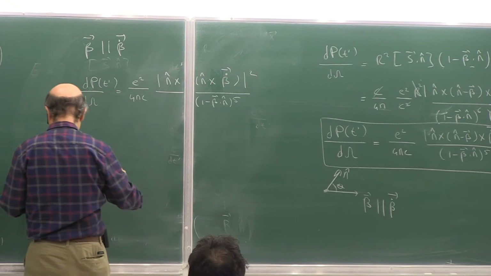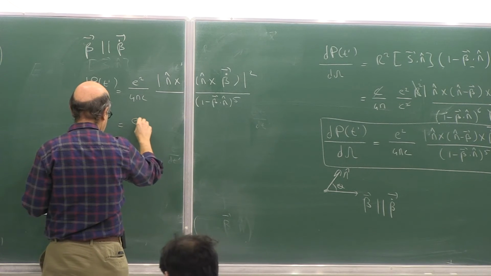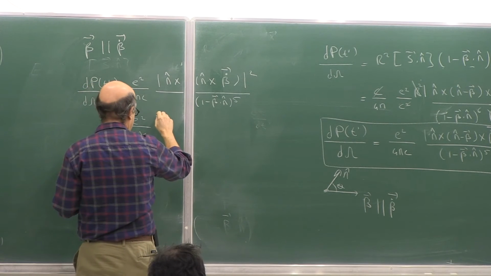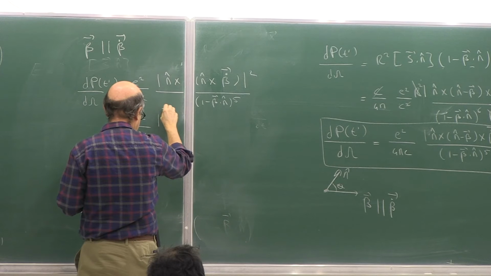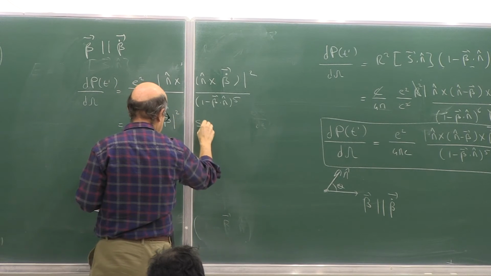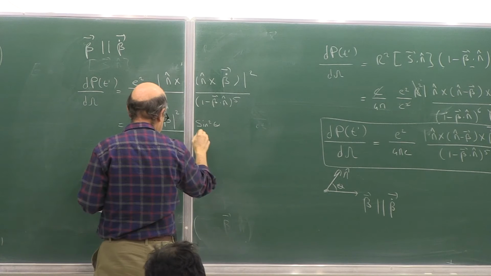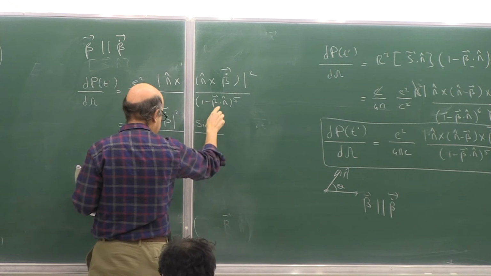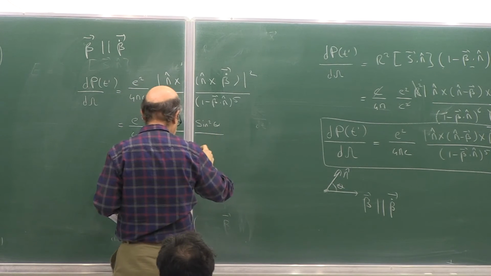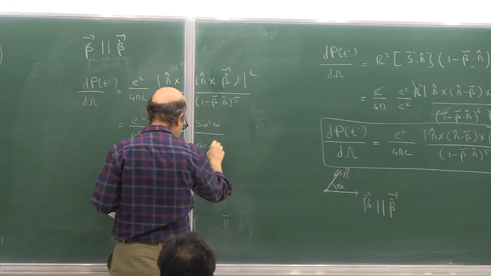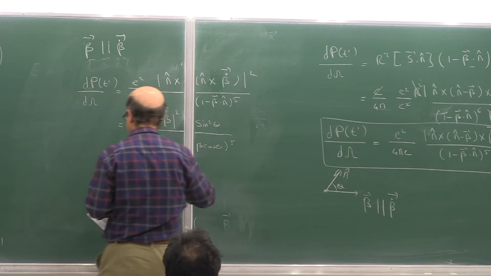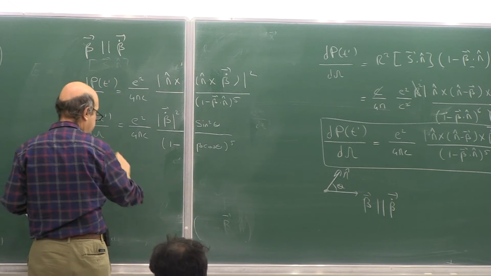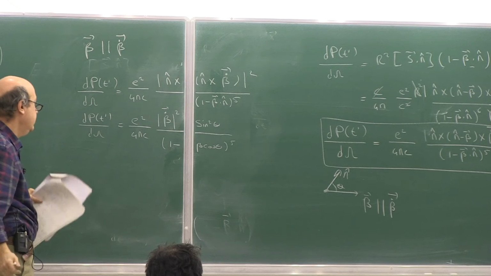So you will obtain the following: e squared over 4 pi c, beta dot squared sine squared theta divided by 1 minus beta dot n, where beta dot n is beta cosine theta, to the 5th power. Again, we are seeing some functional form depending on theta.